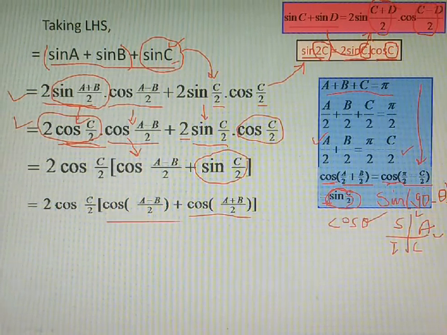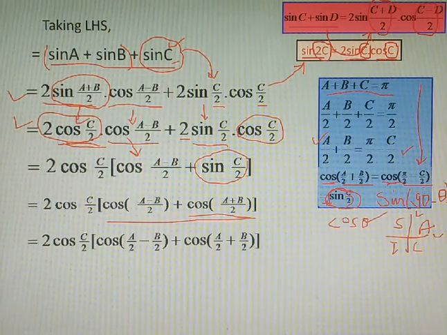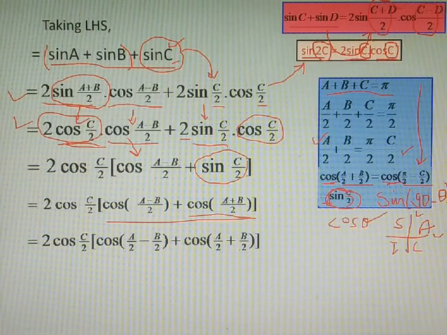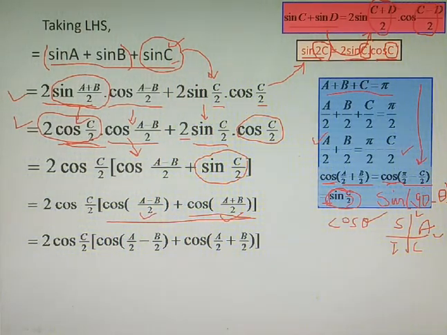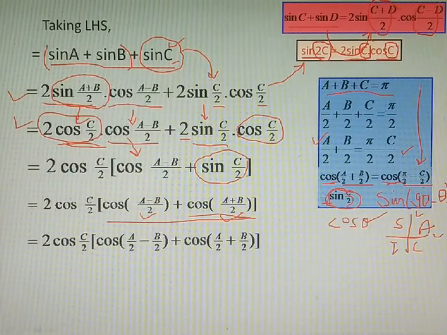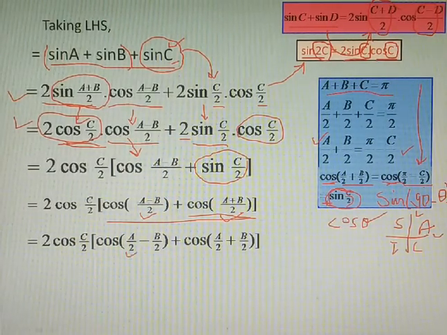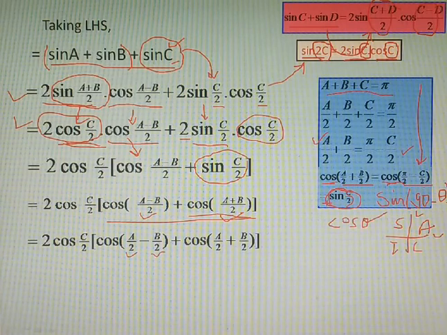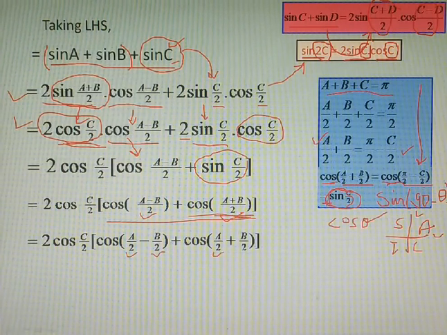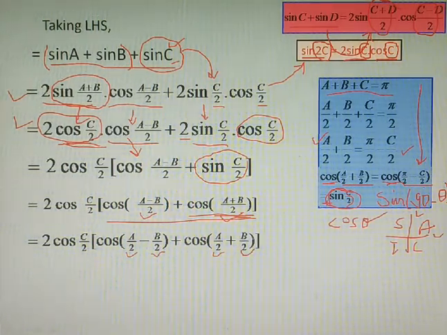Now the factors inside the bracket, the angles here can be separated. (A minus B) by 2 can be written as A by 2 minus B by 2, and again (A plus B) by 2 can be written as A by 2 plus B by 2.